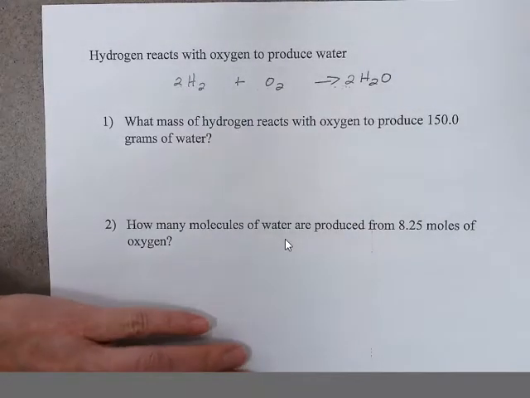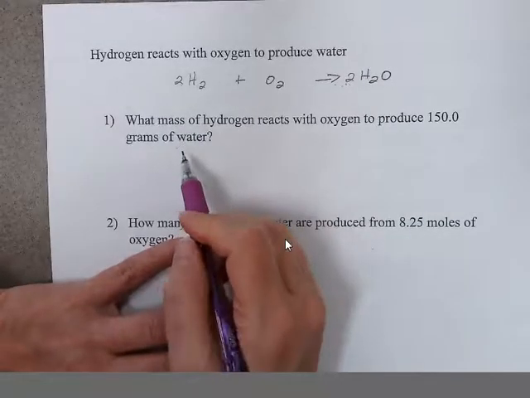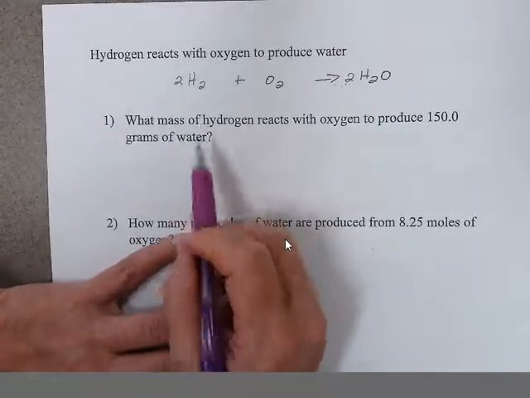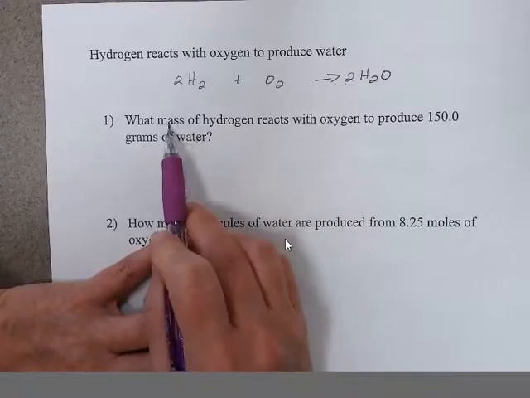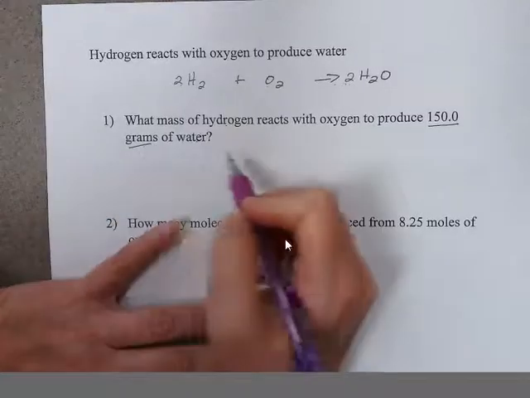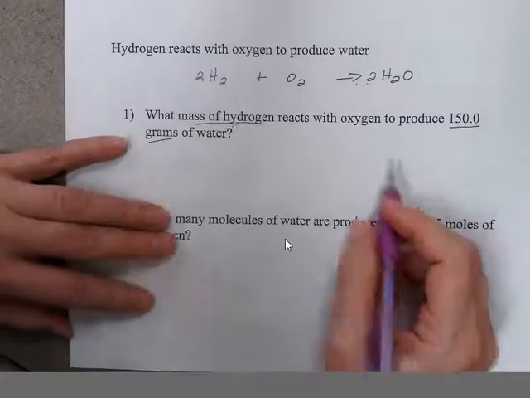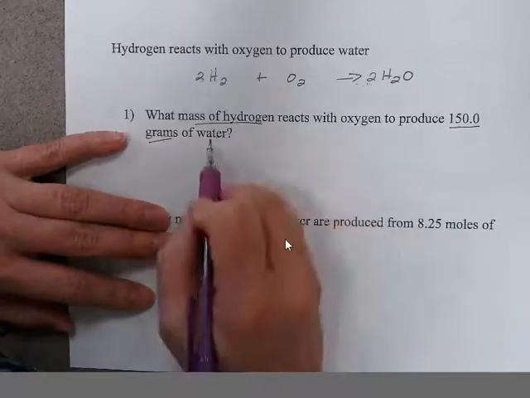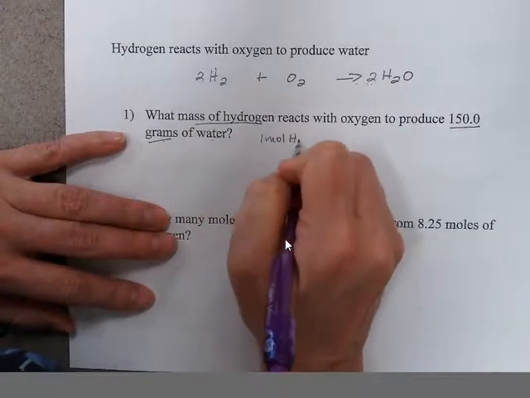All right, let's start off with this first one, which is pretty easy because we're given grams of water and we're trying to find mass of hydrogen. Okay, so we're given grams of water and we want to find the mass of hydrogen. Well, the fact that it says mass of this and mass of that, I know I'm going to need the molar mass of each of those.